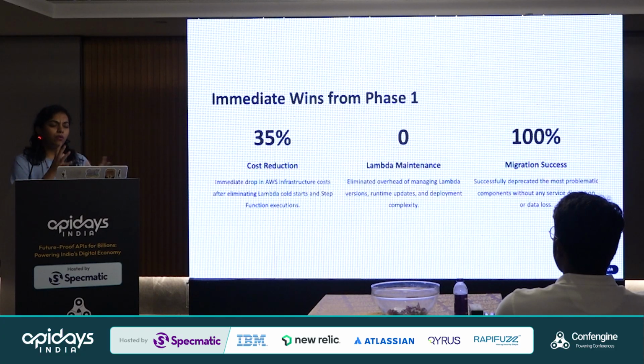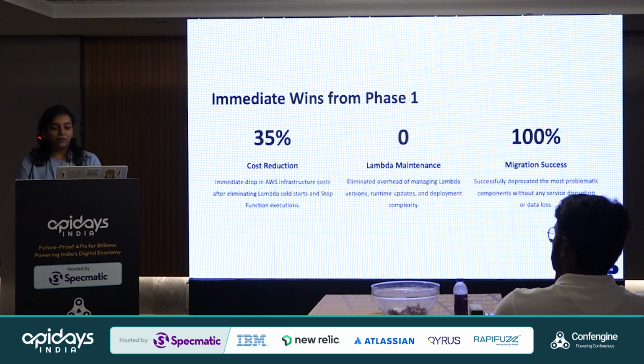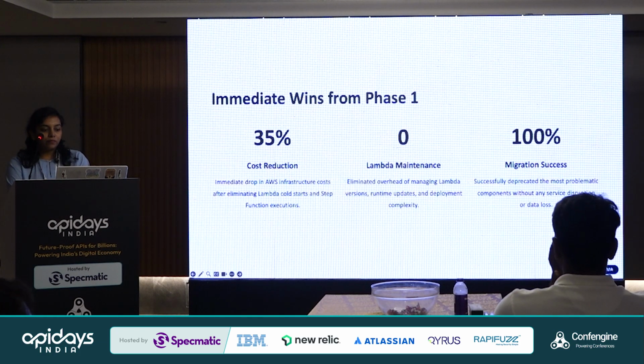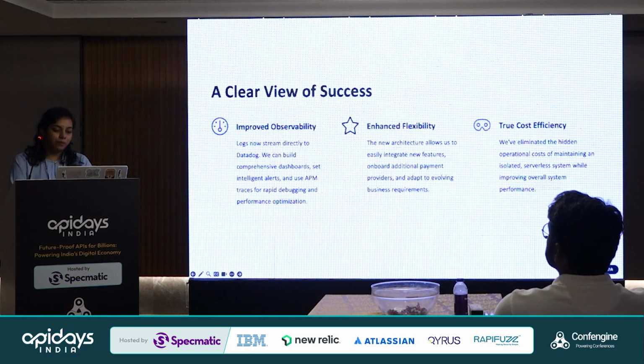If you know Datadog, it has a quite robust APM system where traces are provided, and you can go through the entire life cycle of an order, or let's say a payout, and debug it whenever we have to.